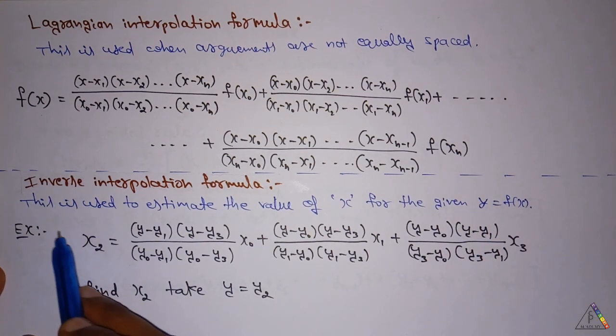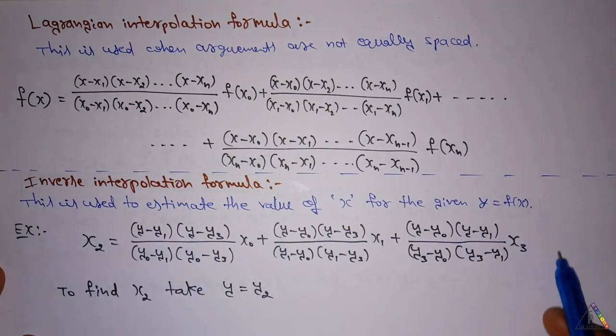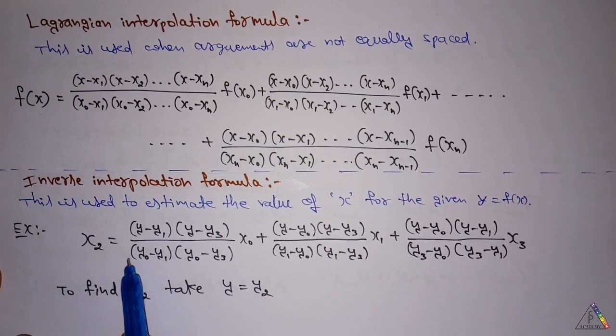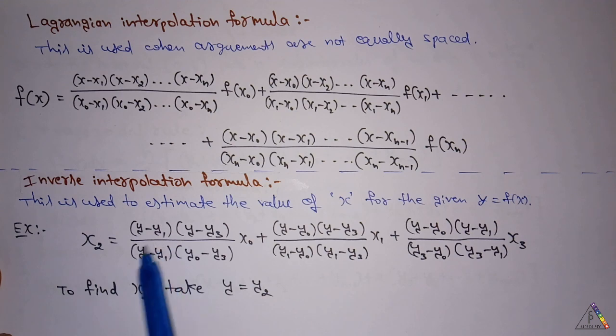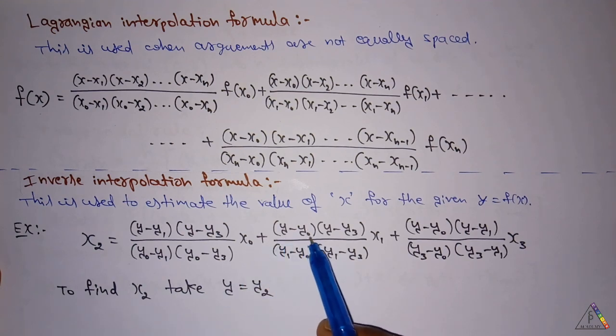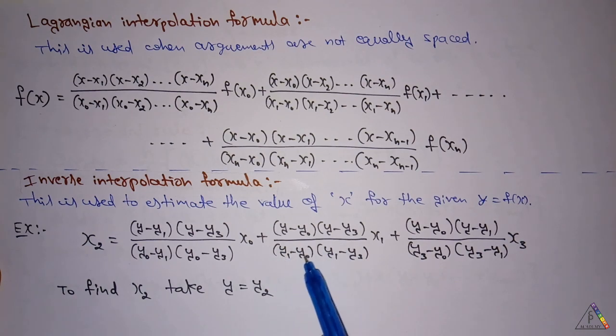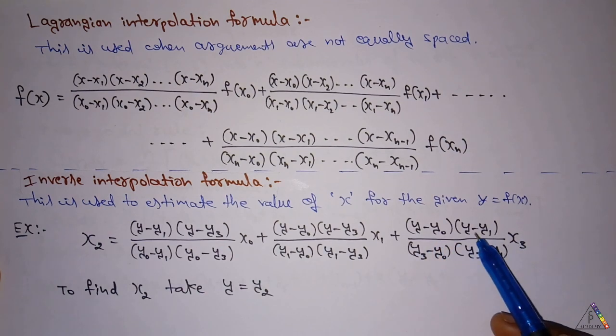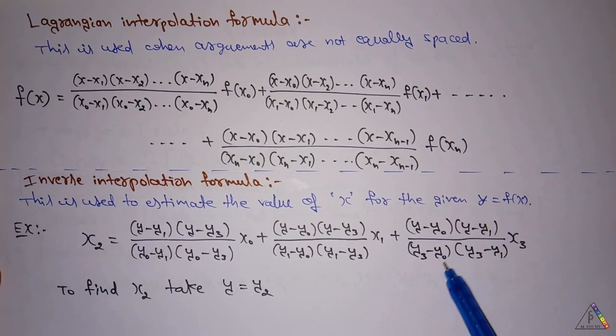For example, here we have 3 intervals with the terms x equals x0, x1, x2 and x3, and to find the value of x2 the formula is given by (y minus y1) into (y minus y3) divided by (y0 minus y1) into (y0 minus y3) into x0 plus (y minus y0) into (y minus y3) divided by (y1 minus y0) into (y1 minus y3) into x1 plus (y minus y0) into (y minus y1) divided by (y3 minus y0) into (y3 minus y1) into x3.